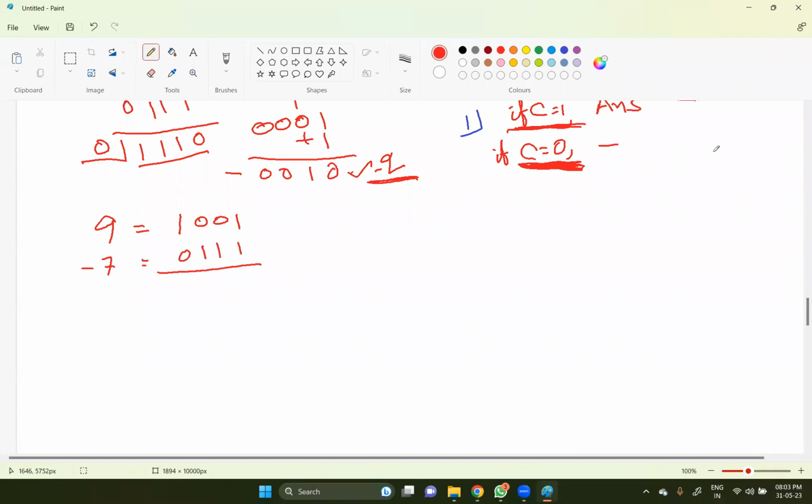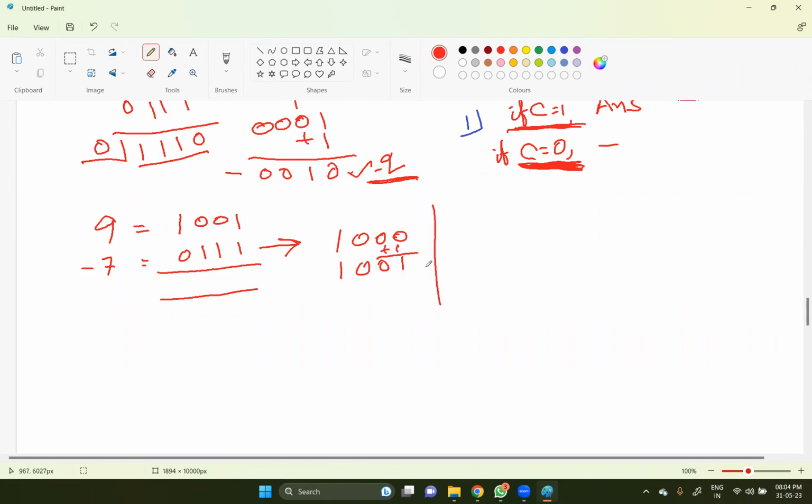If you want to perform this particular operation, the subtrahend is always converted into its equivalent 2's complement. So the 1's complement of 7 is 1 0 0 0, and the 2's complement will be 1 0 0 1, by adding 1 so that you could get this particular value.